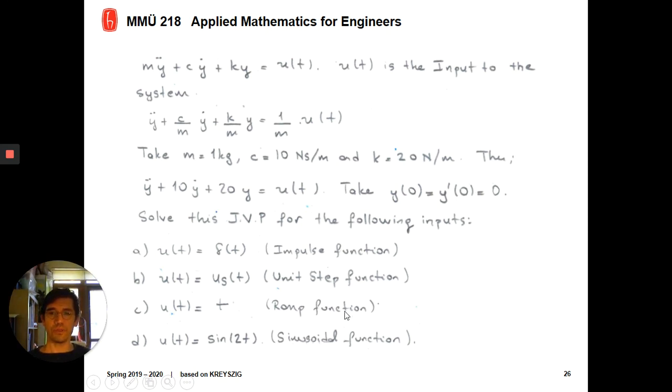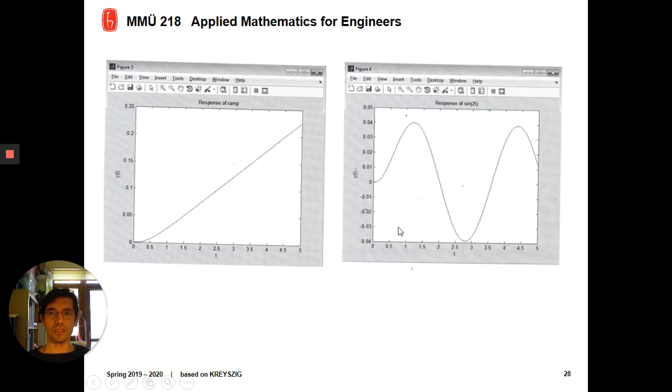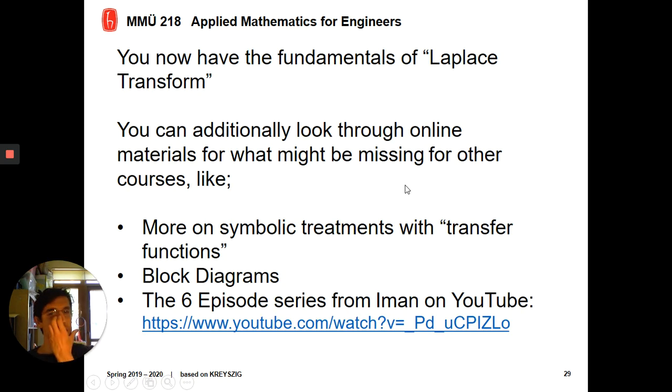Okay, we will look at all these inputs, and then the outputs will be the response of those systems to impulse, unit step, ramp, or a sinusoidal function. So these are all the things that you will learn from those notes that I have prepared by Dr. Balger.